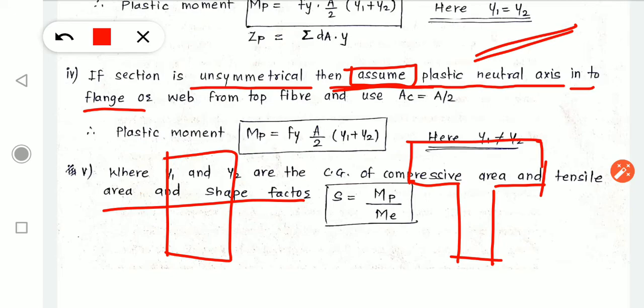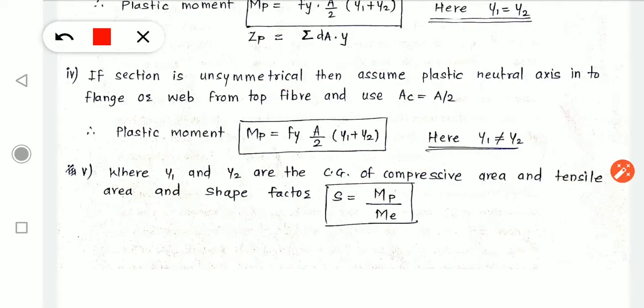But if the section is unsymmetrical, like a T-beam, and we are performing plastic analysis on it, at that time you have to assume that the neutral axis is lying in a flange or somewhere in a web at a distance of h from the top fiber. That's the assumption.